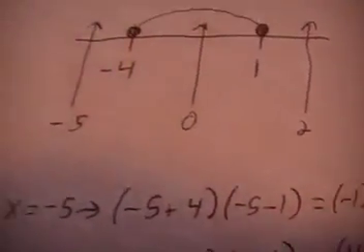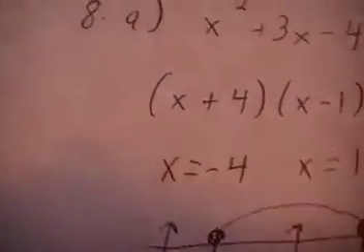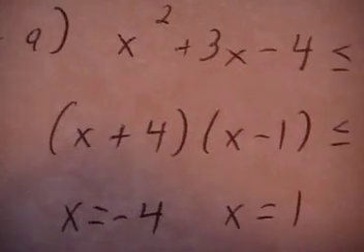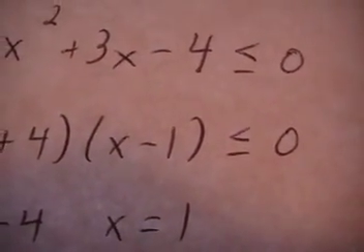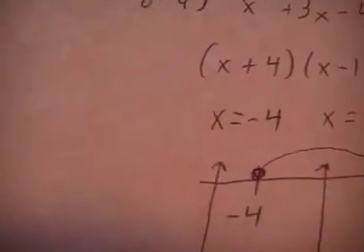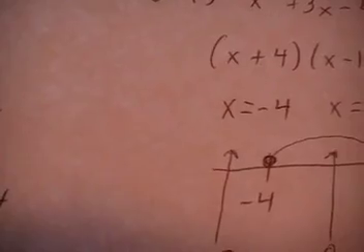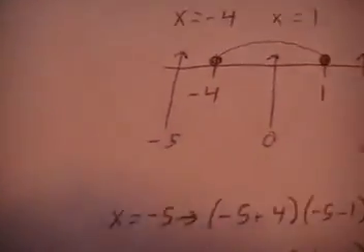So what this is telling us is any number we plug in less than -4 is going to cause the product here to be positive. But we want less than or equal to 0. Less than or equal to 0 means we want negative numbers. So the left region's no good, and we're not going to use that as part of our solution. I checked it, and we didn't get a negative there.